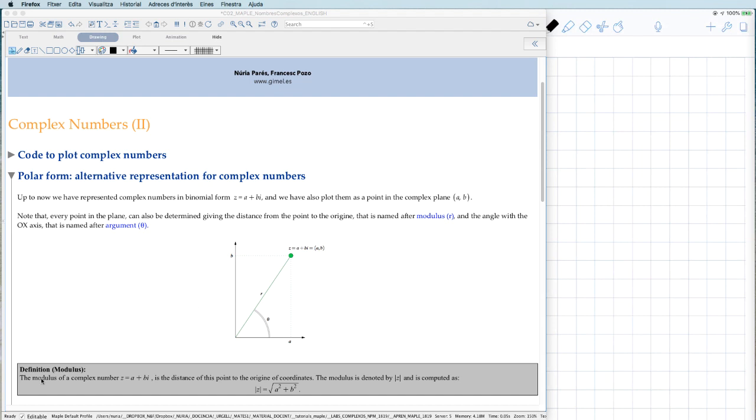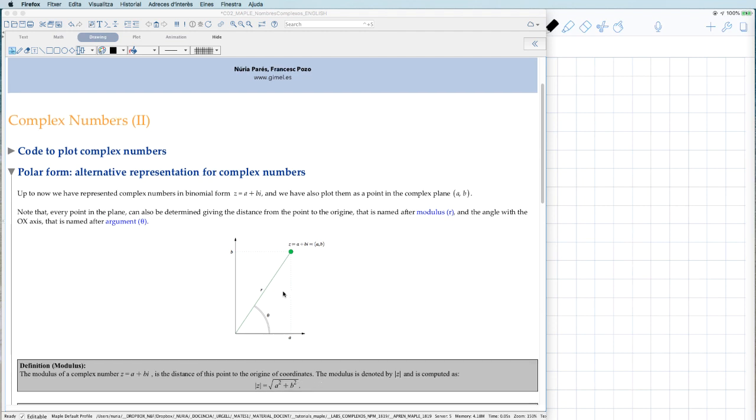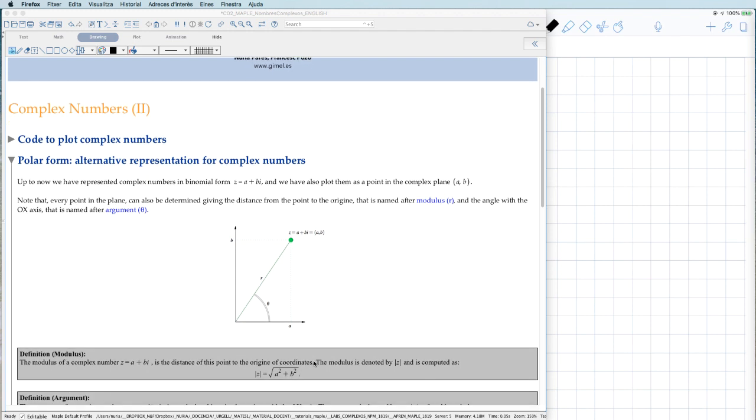So, definition: the modulus of a complex number a plus bi is the distance of this point to the origin of coordinates. It's denoted using straight bars, |z|, and using the Pythagorean theorem this distance is the square root of a squared plus b squared.